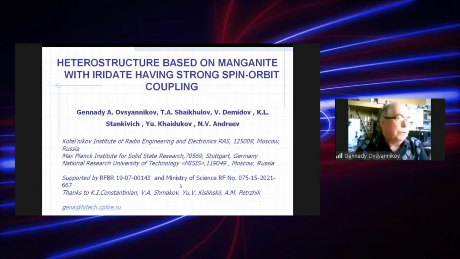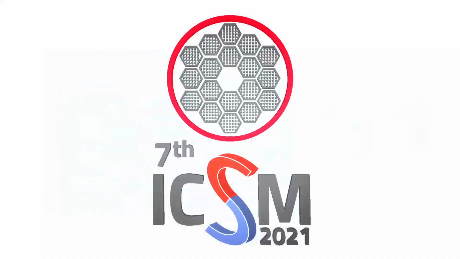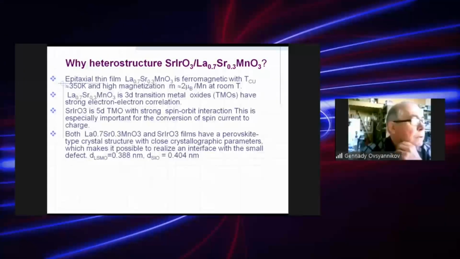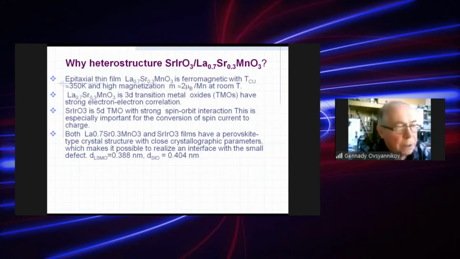Before we discuss the problems, I would like to draw your attention to the fact that the generation and detection of spin current is very important, especially for solving the problem of heat dissipation.